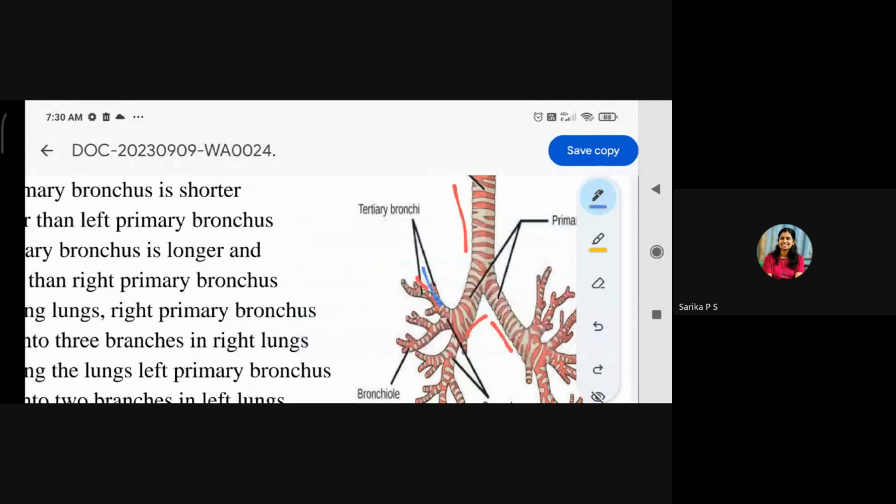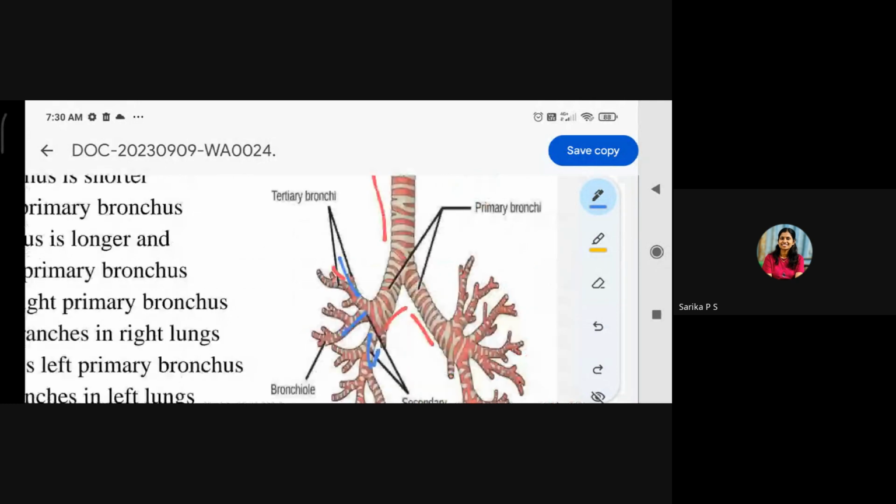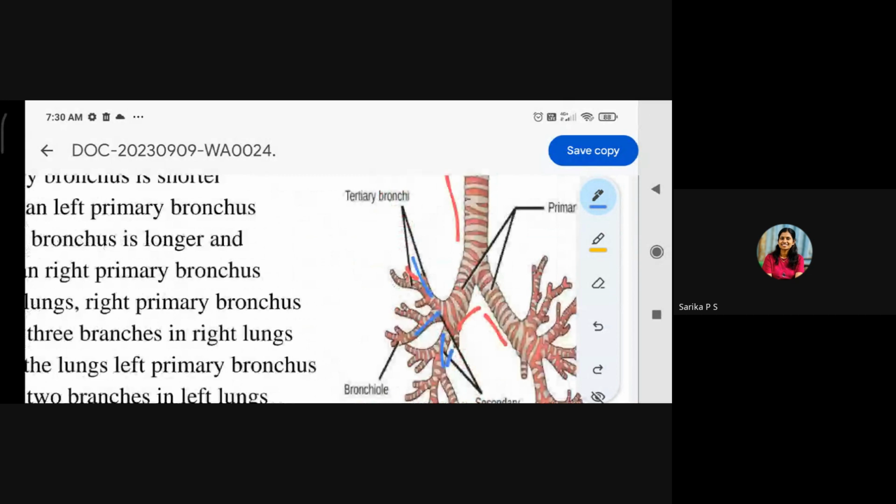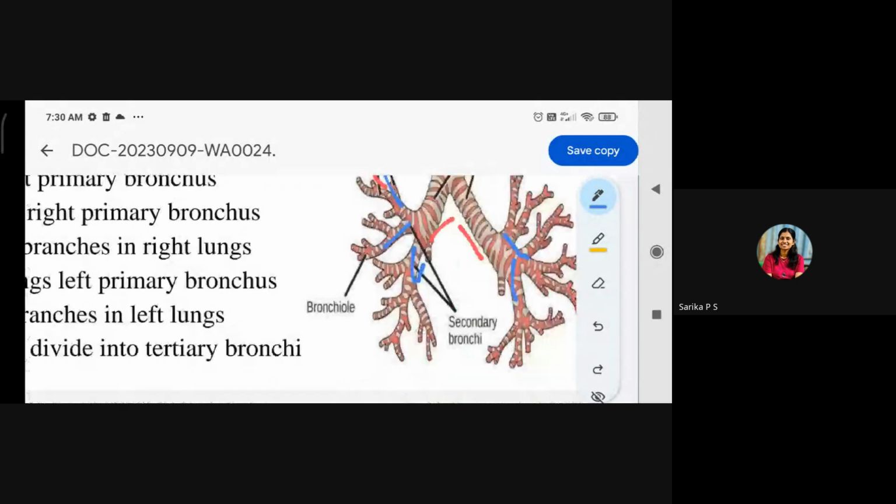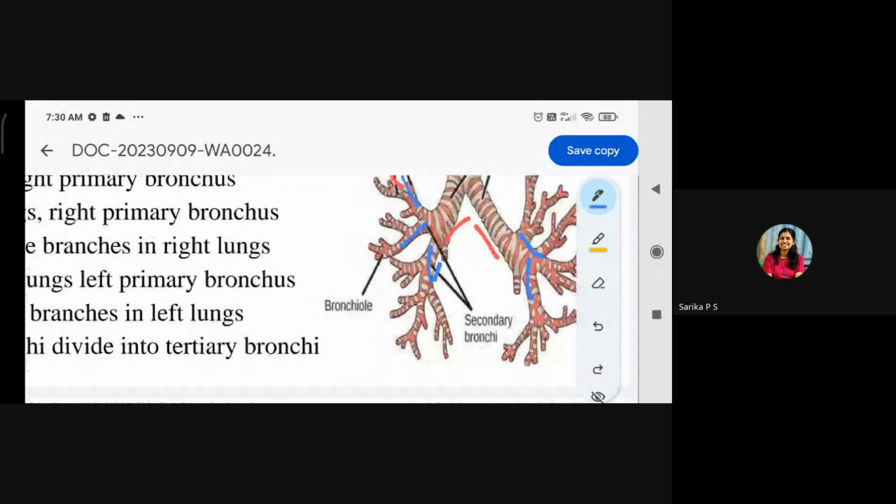So one secondary bronchus, a second, and a third secondary bronchus for the right lung, and one and 2 secondary bronchi for the left lung. They are further divided, you can see here, these further divisions.